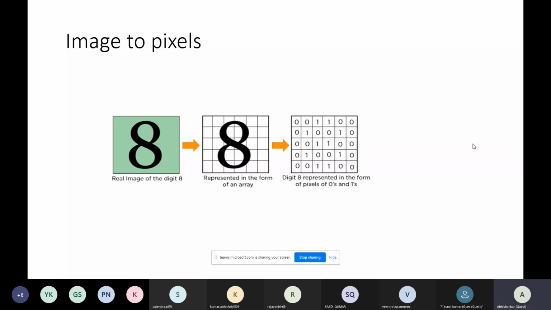Okay, so you had an image and you converted it into pixels. What do you think, how do we give this matrix as an input to our neural network? What are the different ways of doing it?